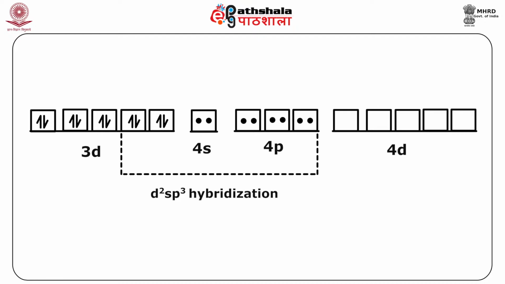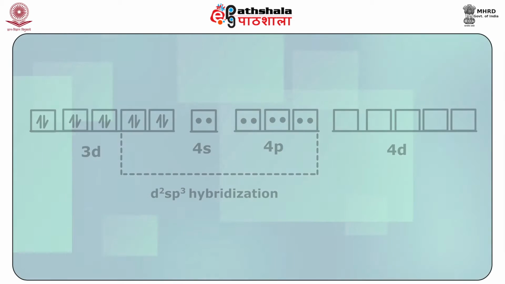So after the first 3 3d orbitals, the hybridization of the 6 metal orbitals would be like this: 2 3d, 1 4s, 3 4p orbitals will combine to provide a hybridization of d2sp3. The two 3d, one 4s and three 4p orbitals hybridize to provide 6 d2sp3 orbitals of equal energy.